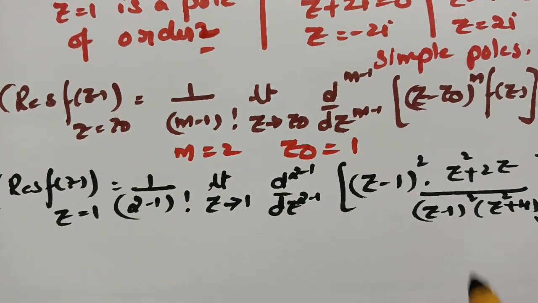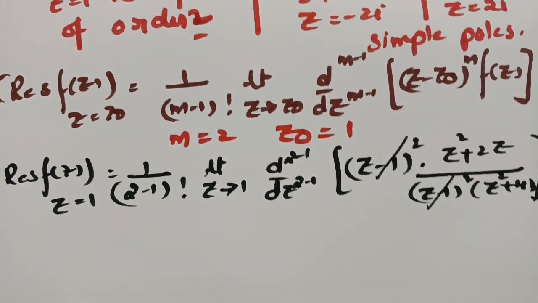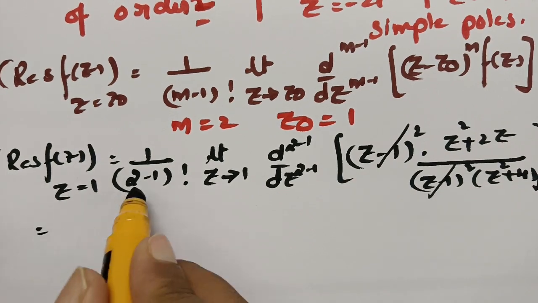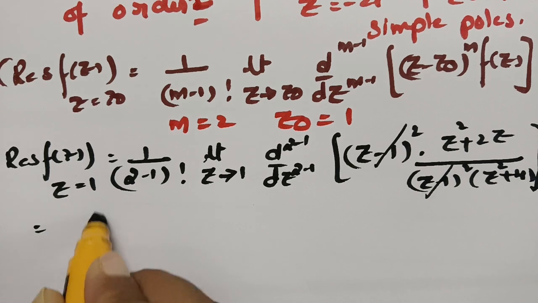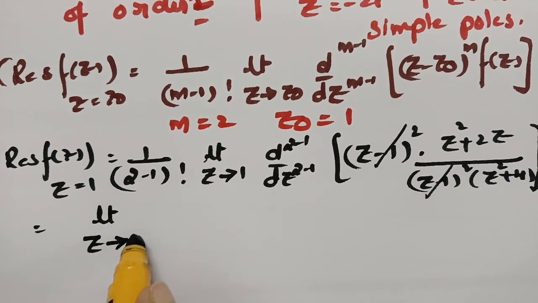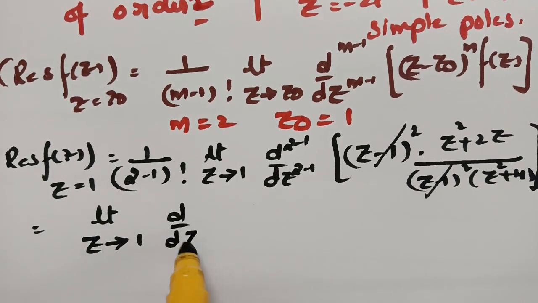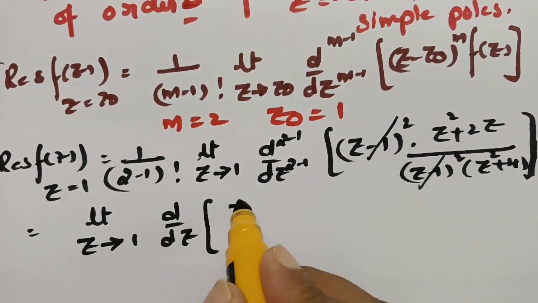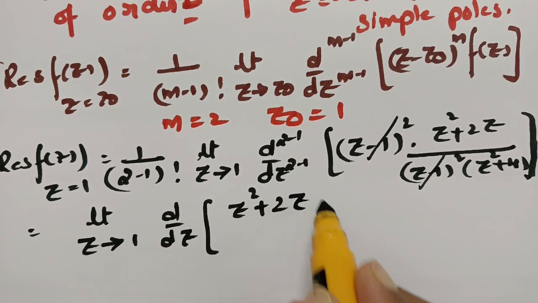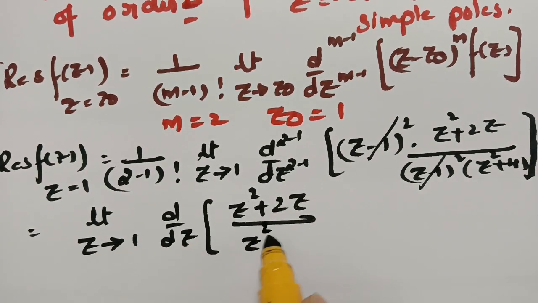Now I can cancel these two, and 2 minus 1 factorial is nothing but 1 factorial, which I'm leaving. So this is limit z tends to 1 of d by dz of what remained here, that is (z square plus 2z) by (z square plus 4).